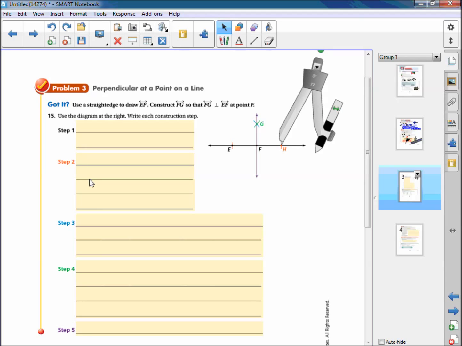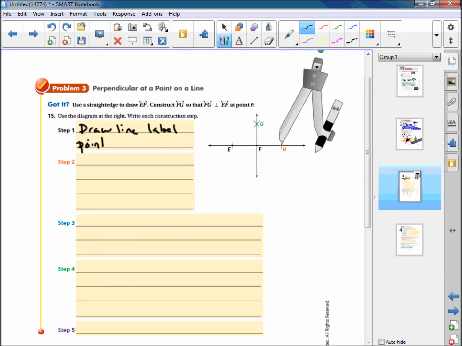Okay, so step 1 was to draw the line and label points E and F. Okay, so that's what they did. They drew this line, and then they labeled E and they labeled F. Okay, step 2 was to make the compass open to EF.